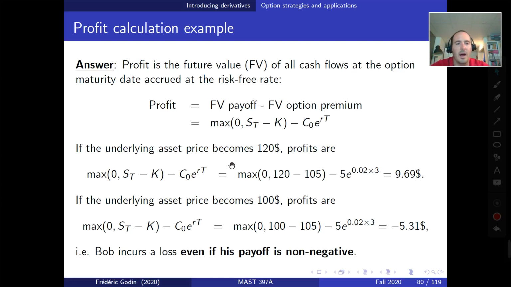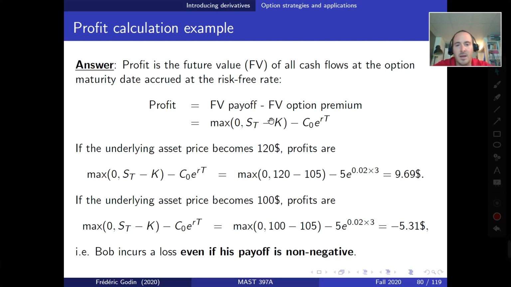Okay, so answer, we said that the profit of an option transaction is the future value of all cash flows at the option maturity date accrued at the risk-free rate. So this means the profit is equal to the future value of the payoff, which is the payoff itself, because the payoff in the case of a European option is provided at maturity, minus the future value of the option premium, which is what you pay to get into an option transaction.